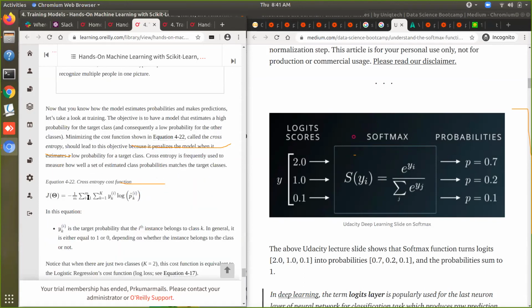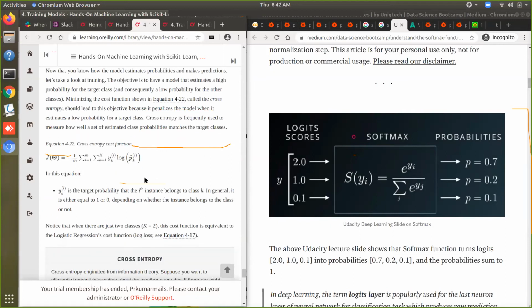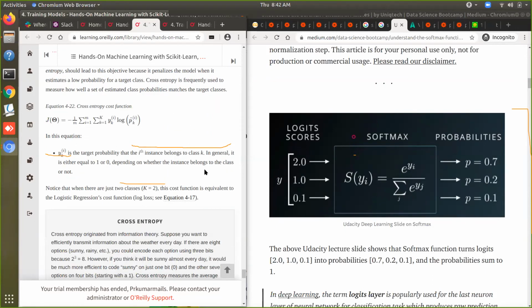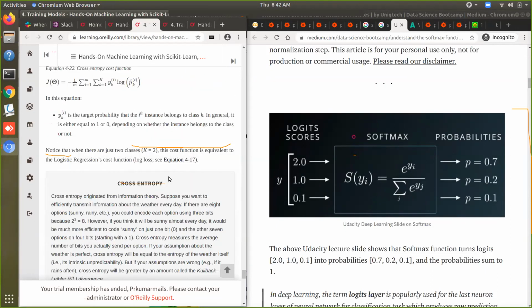So softmax can be thought of as a generalization of the logistic function for multiple classes. It does the same thing that Rajesh Kumar told us that the logistic function does. It squishes inputs so the output is always between 0 and 1.